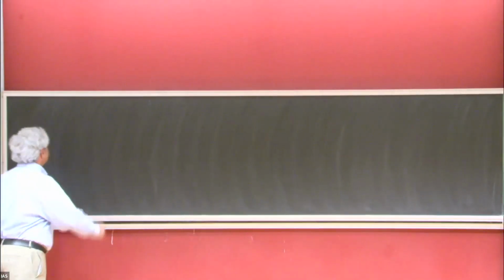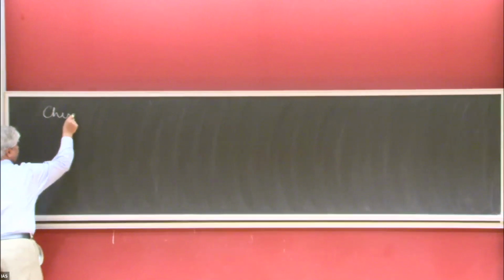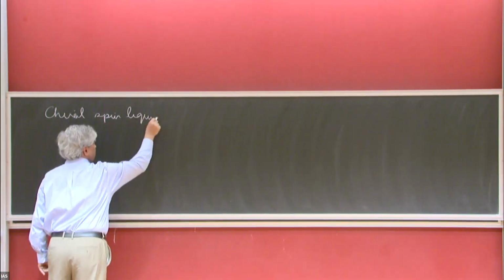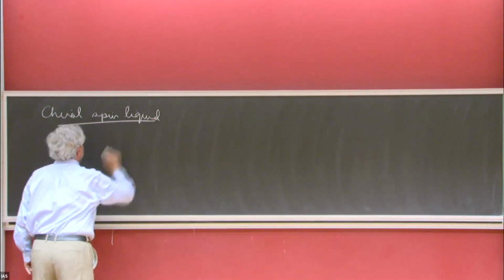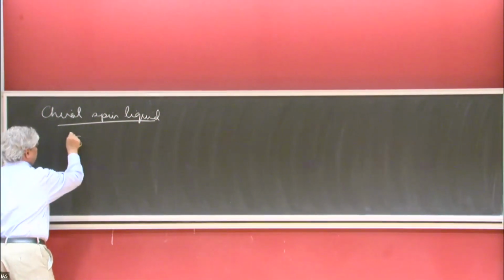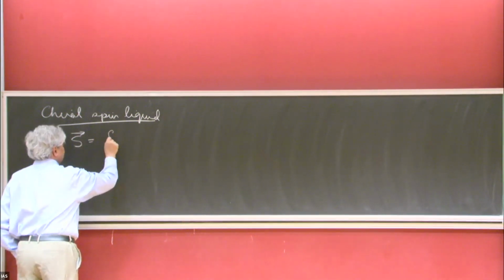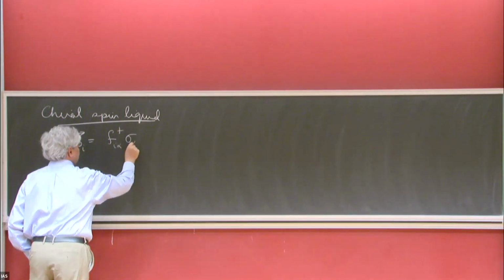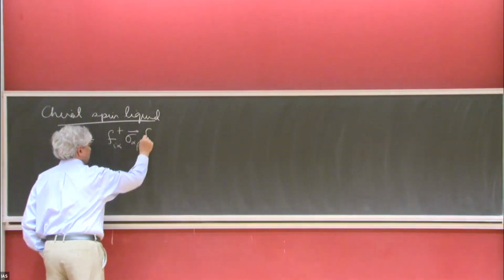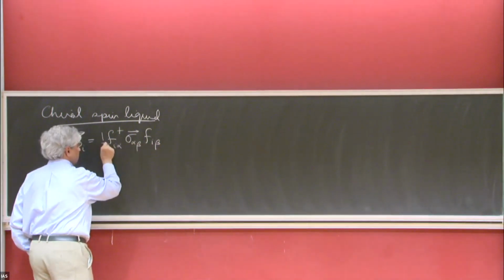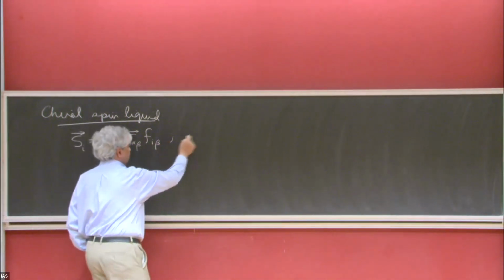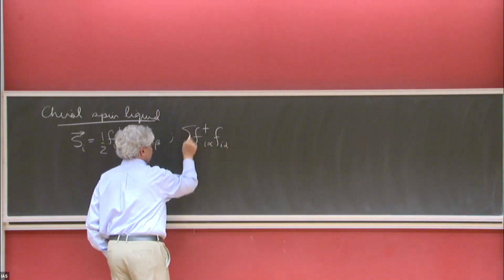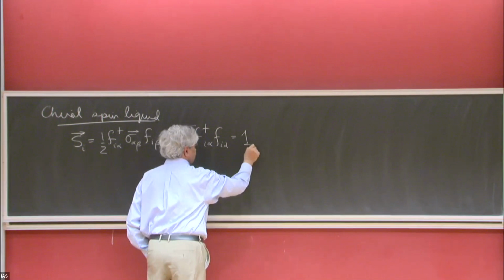All right, so I'm going to talk about the chiral spin liquid. So here, the basic starting point is on each site I introduce fermions rather than bosons, along with the constraint that F dagger i alpha, F i alpha on every site is equal to 1.